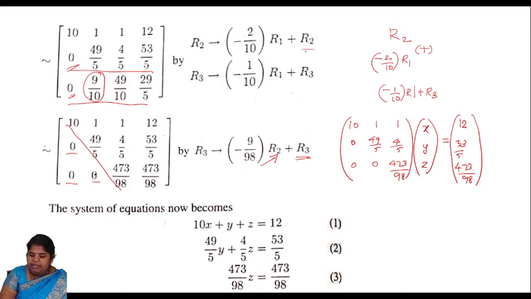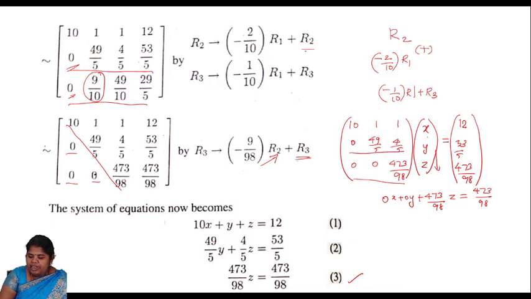Multiplying this row with this column, 0x plus 0y plus 473 by 98 z equal to 473 by 98, which is our third equation.